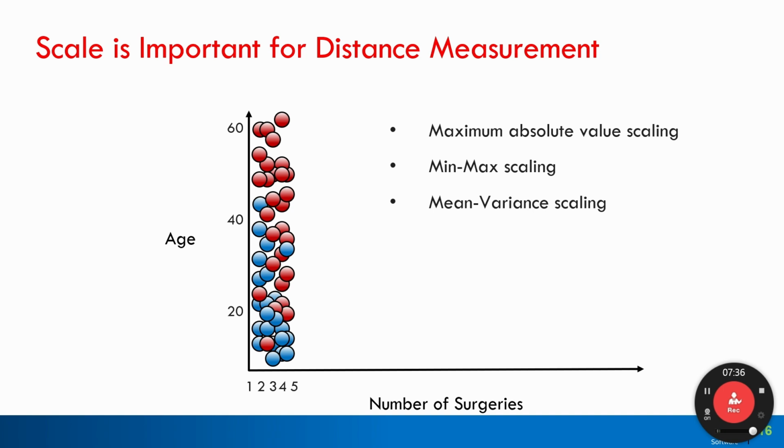The number of surgeries has little effect on the results, which may cause the prediction to be incorrect. Thus, in KNN, the feature values must be scaled by maximum absolute value, range, minimum or maximum, or mean variance.